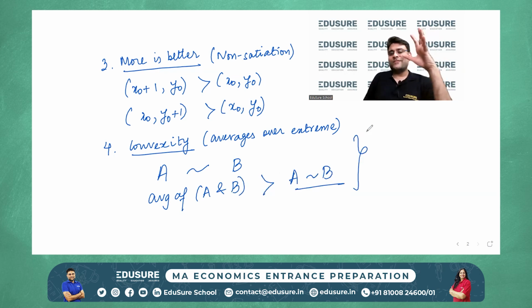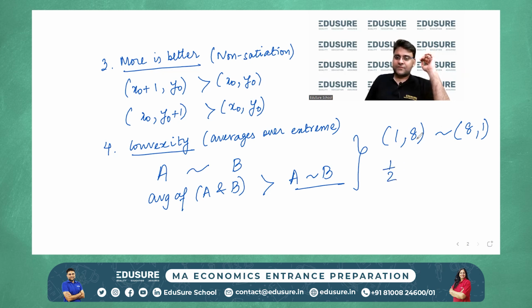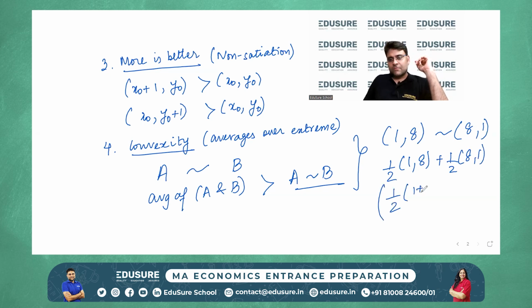Now, to put this in a very practical sense, say I like the bundle (1, 8) as much as I like the bundle (8, 1). An average of this will be very simple. Let me take the simple average. If I take half of the first bundle plus half of the second bundle, this gives me half of (1 plus 8), half of (8 plus 1), which is basically (9/2, 9/2).